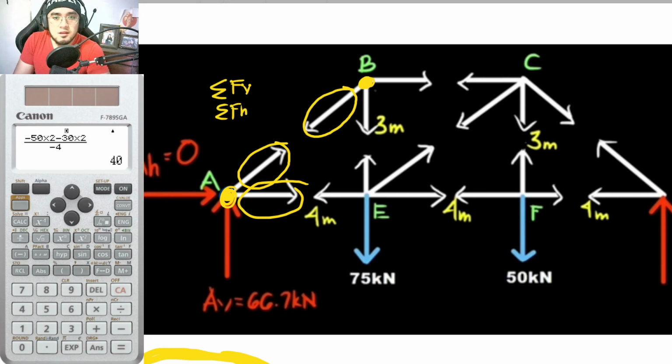So with that, the only unknown forces here are these values. And since we can formulate two equations in that particular joint and we only have two unknowns, meaning that we can actually solve for this. And proceeding here at this part, we now have these two, which is known actually.